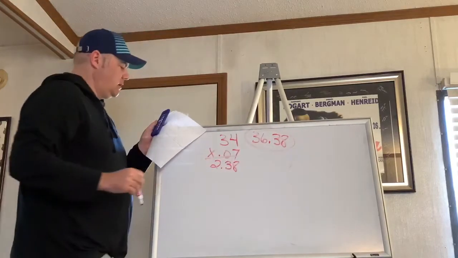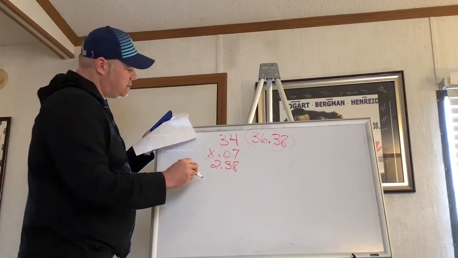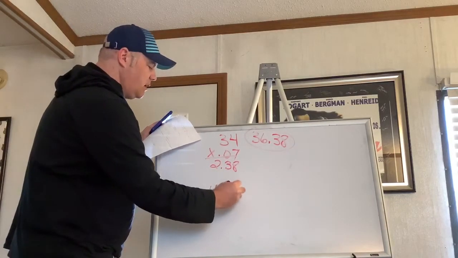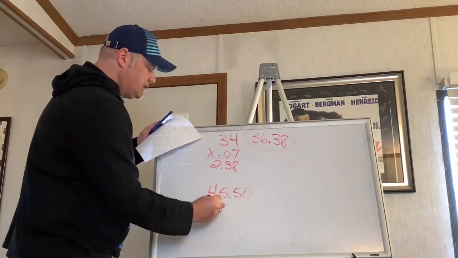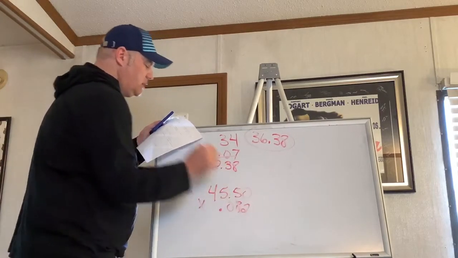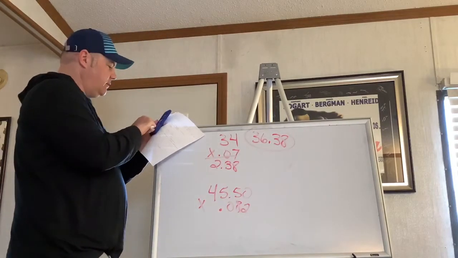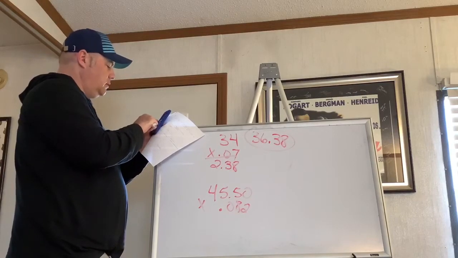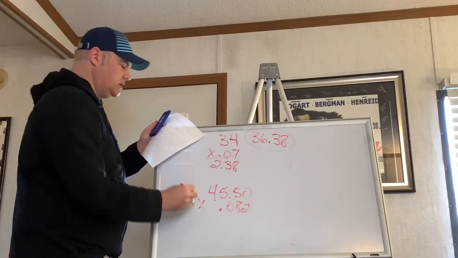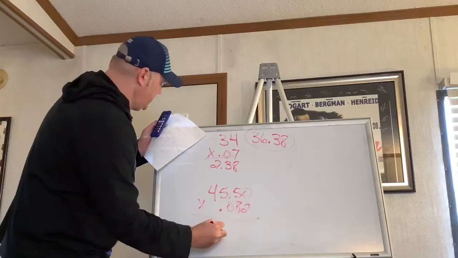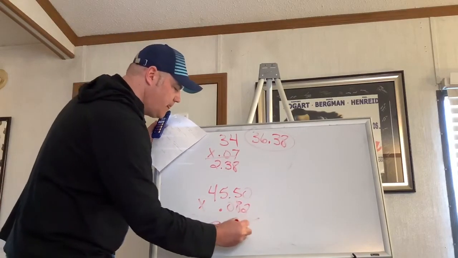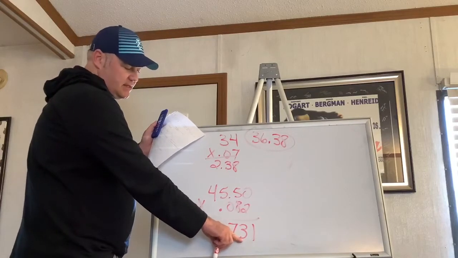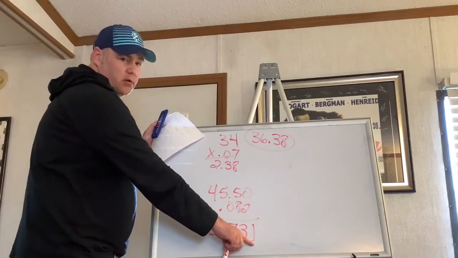Okay. The next one was 8.2% of $45.50. So you're going to multiply it times 0.082. This one you probably will have to round, because you get 3.731. Okay, that rounds to $3.73. That stays a 3 because that's 4 or below.